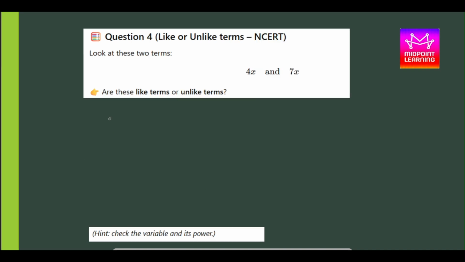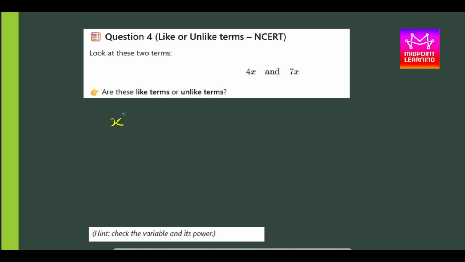Look at the two terms 4x and 7x and you have to tell, are these the like terms or the unlike terms? So how can we tell that the terms are like terms? First we need to see the variable, right? So the variable is same in both the terms. Yes, it is same, x. Then we need to see the power of the variable x, which is also same.